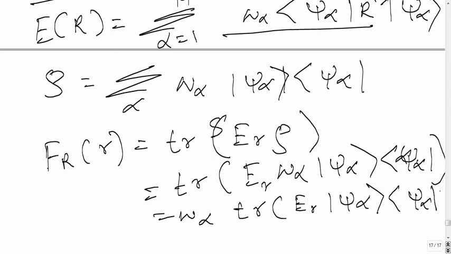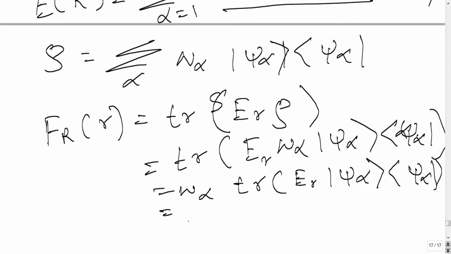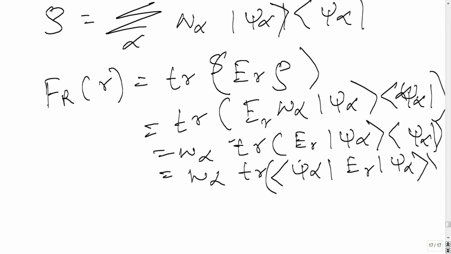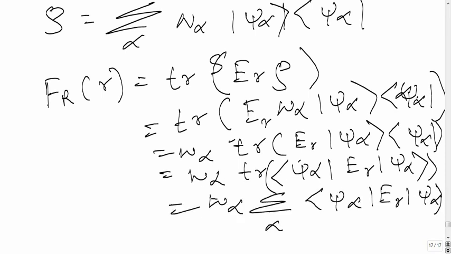Since inside a trace cyclic rotation of operators is allowed, the trace of this would be the summation over alpha.